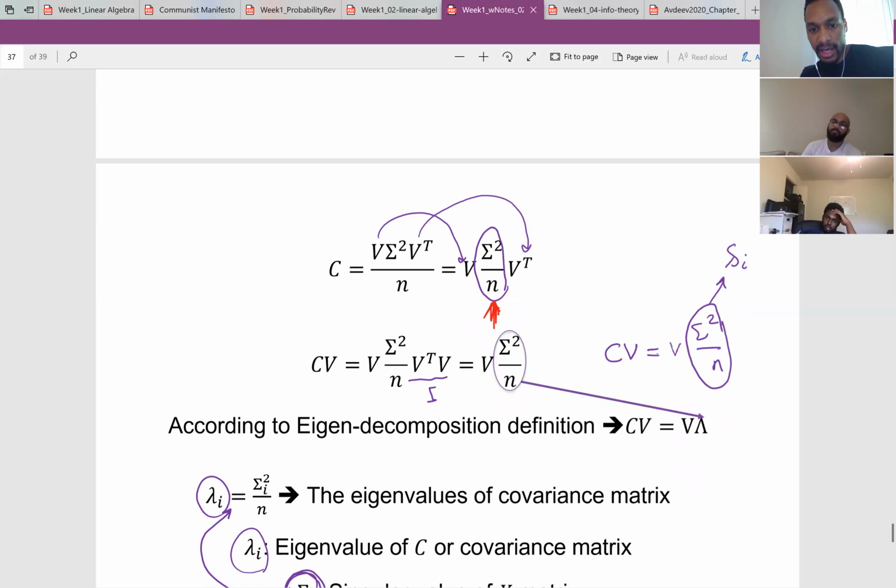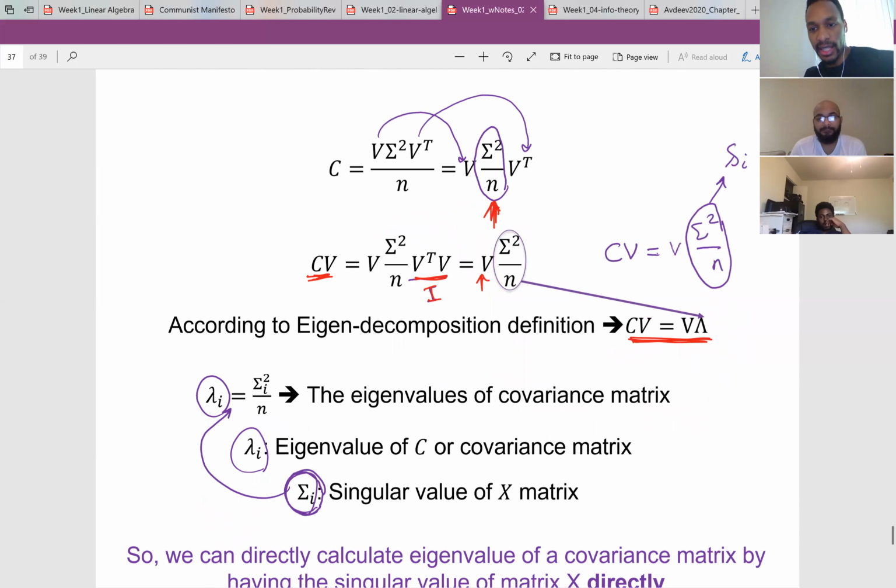And then what you can do is now you multiply both sides by V, and this becomes the identity matrix here. And so now it looks like an eigenvalue problem where you have the covariance matrix times V, where V is a matrix of eigenvectors, equals V times this thing, which is a diagonal matrix of eigenvalues.